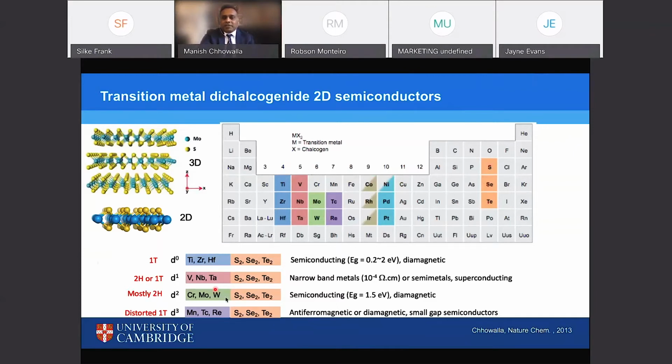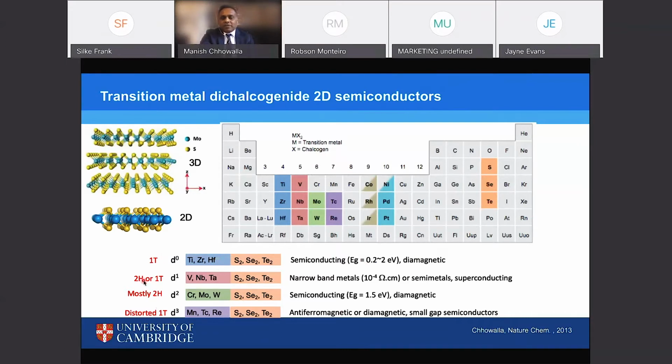By combining the transition metals and the chalcogens, we're able to make up to 40 different compounds. And by rationally selecting the transition metal and the chalcogens, we can obtain a whole variety of different properties that we desire.